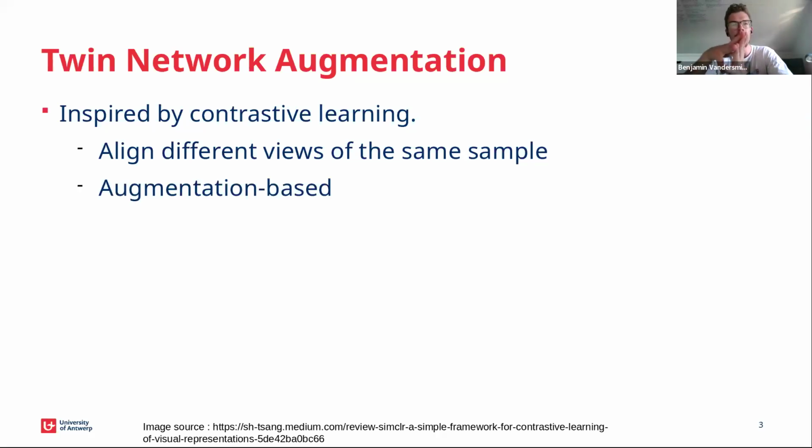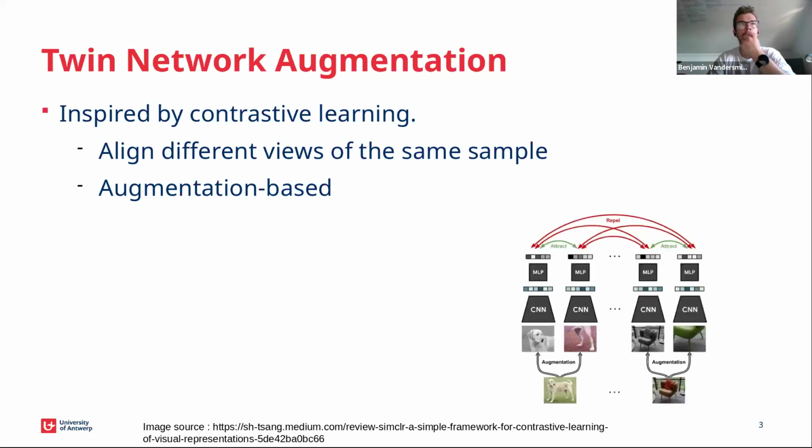Typically, how you get those different views of the same sample is by using augmentation. So you use things like cropping, random color jitter, and more to get two different representations of the same image, which you then feed to the same network. This is a very simple illustration of this.